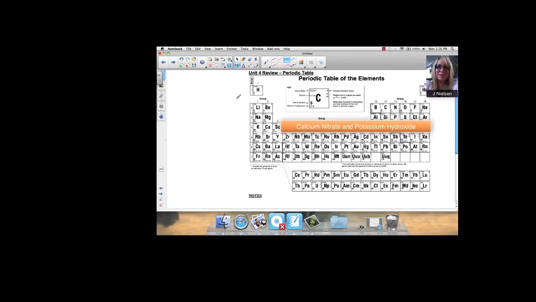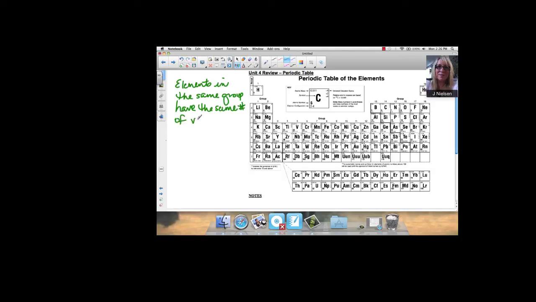All right, let's review a little bit about the periodic table. Elements in the same group have the same number of valence electrons. This is really important. Therefore, they have similar properties, and they are going to bond in the same way.